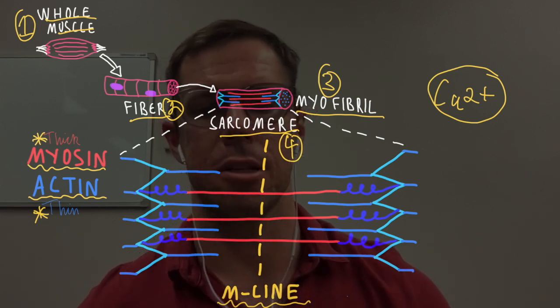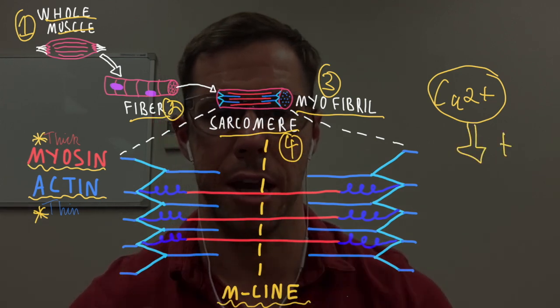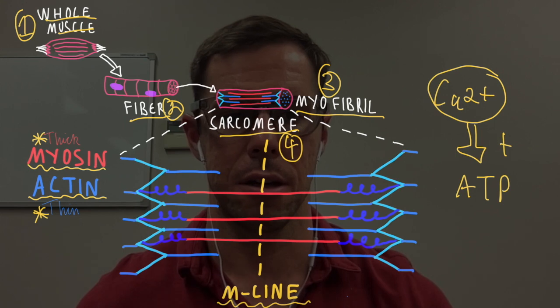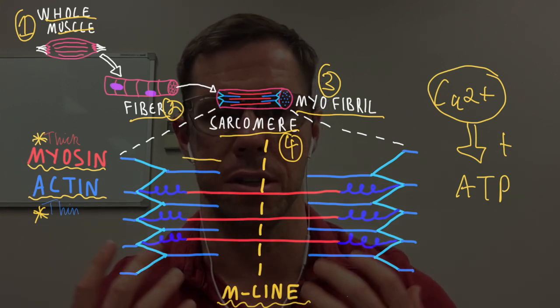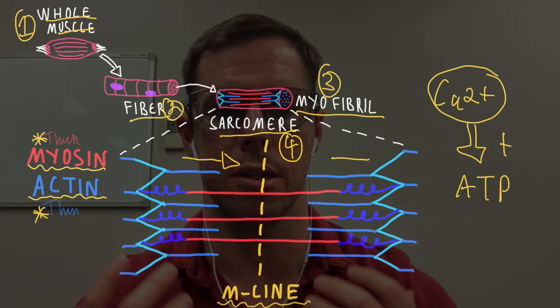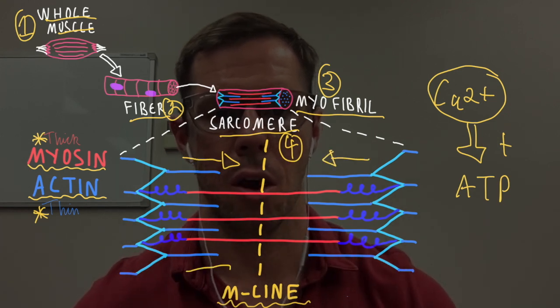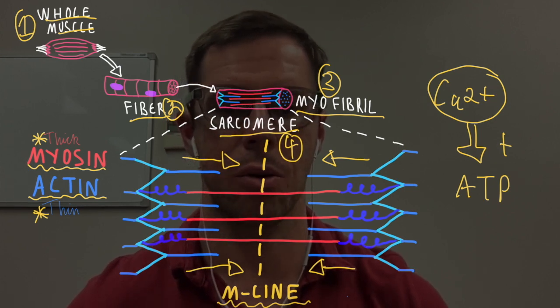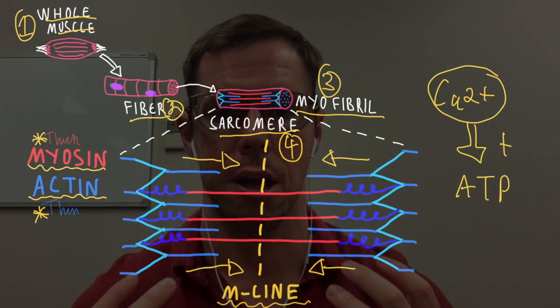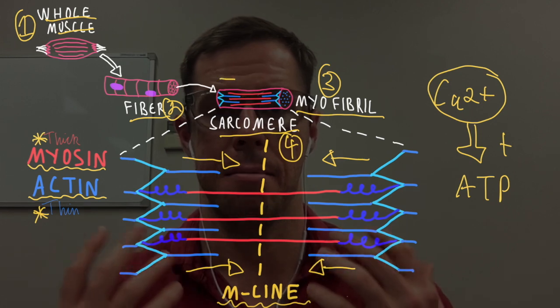The myosin filaments, which contain many myosin heads that bind to actin, pull actin towards the M line or towards the center of the sarcomere. This shortens the sarcomere. When many sarcomeres in series shorten, this causes the entire muscle to shorten and causes movement at a macro scale level.